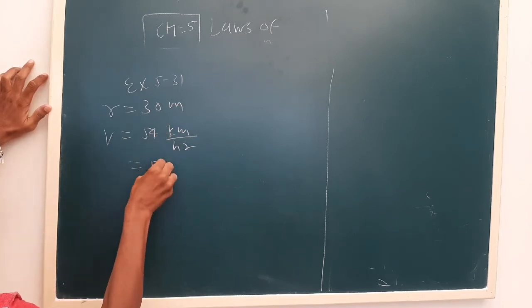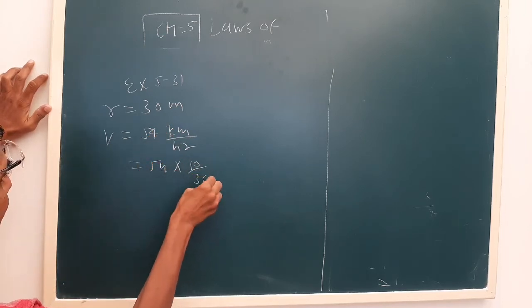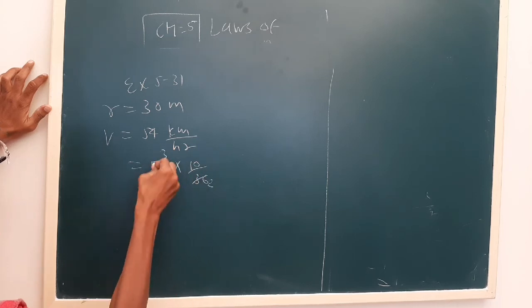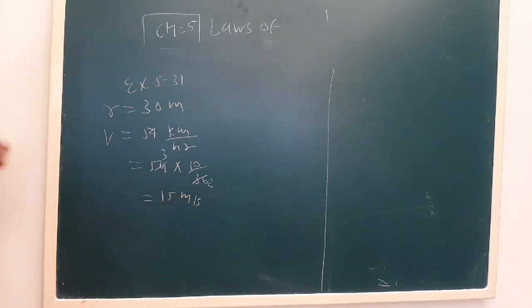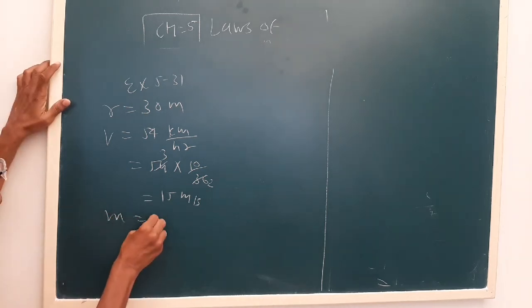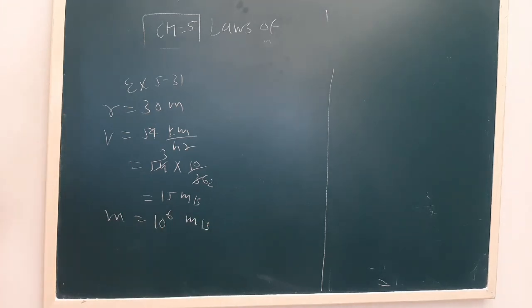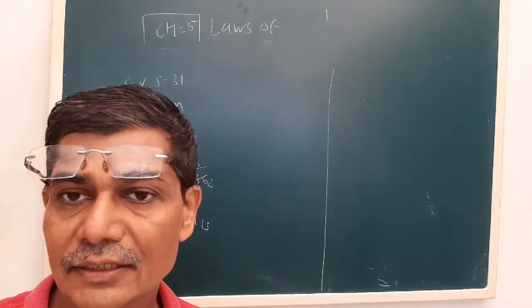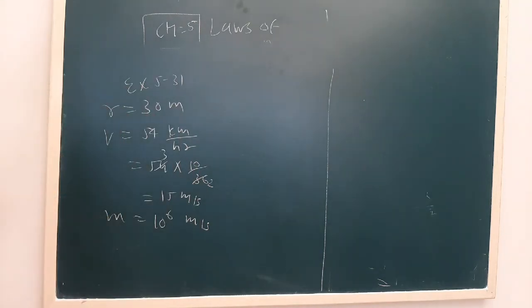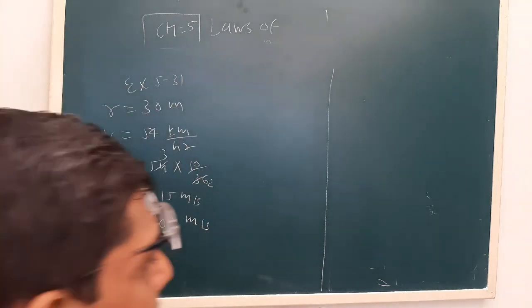We can convert that into meter per second. Now we have to find theta. With what angle should the road be designed so that it can move safely?